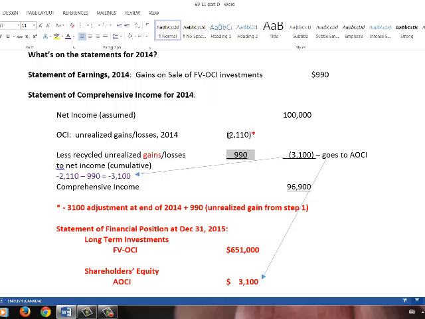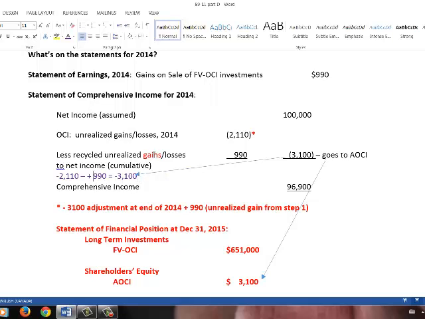And so I take my negative 2110 minus, or less, my unrealized gain, which is positive 990. So this minus goes with the less. This 990 is the gain. So you can go minus a plus if you want.